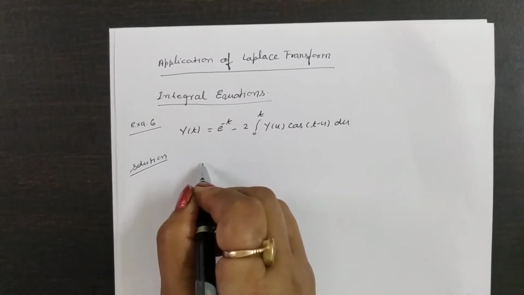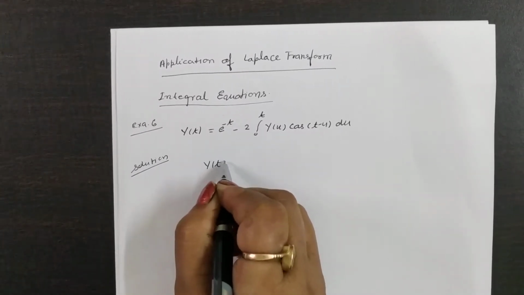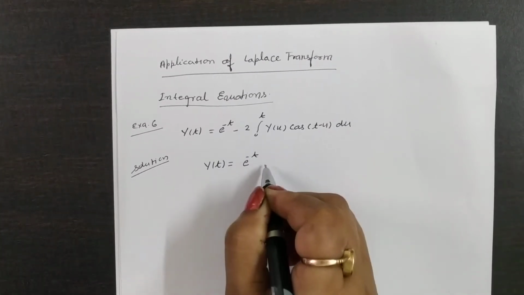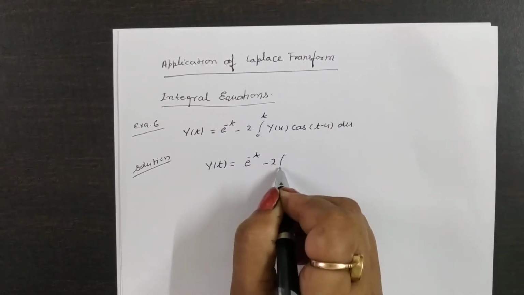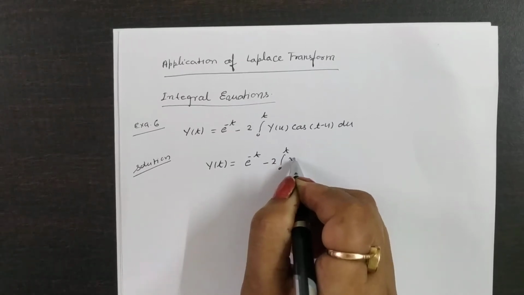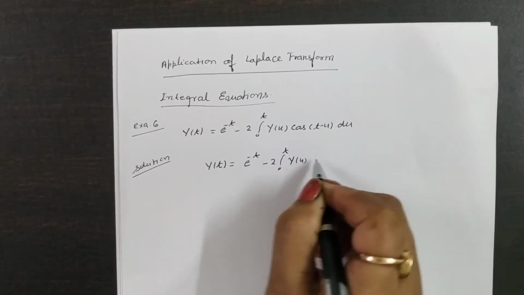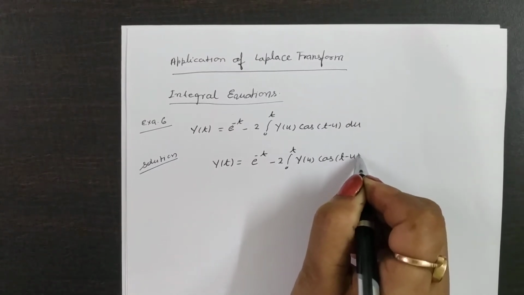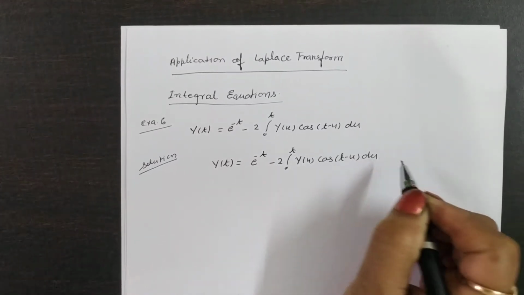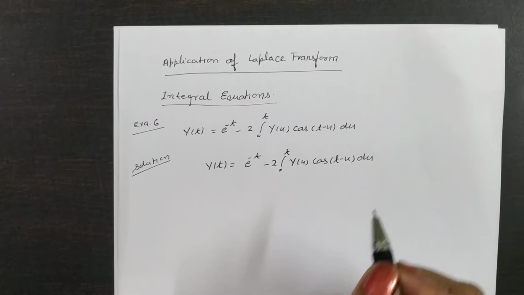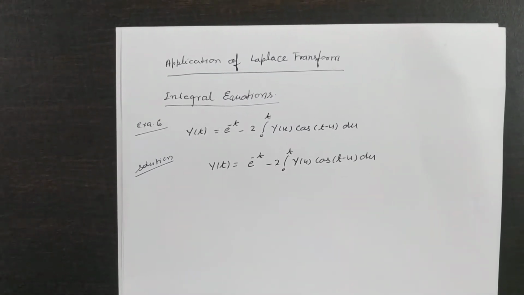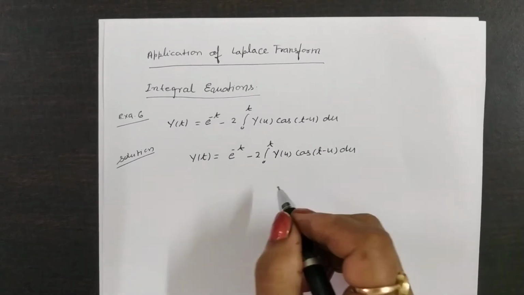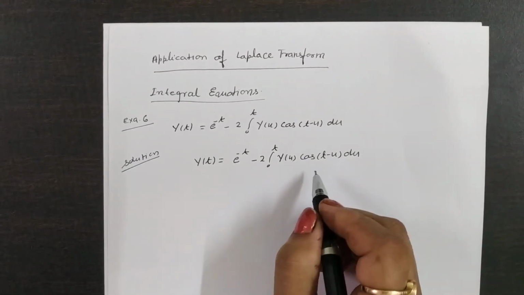Now y(t) is given as e^(-t) - 2 ∫ from 0 to t of y(u) cos(t - u) du. Okay. Now we are using the convolution theorem. By the convolution theorem we know that the integral from 0 to t of y(u) cos(t - u) becomes y(t) * cos t.